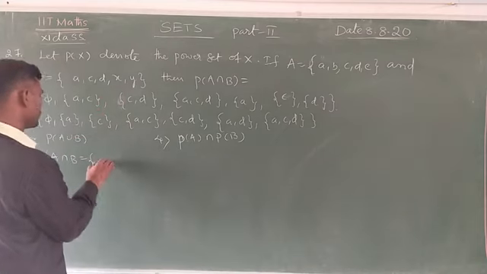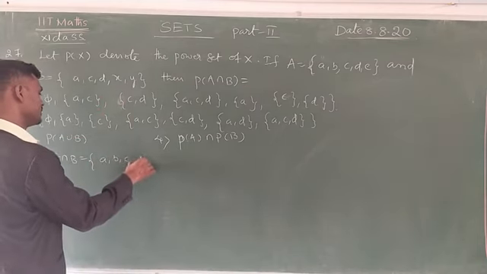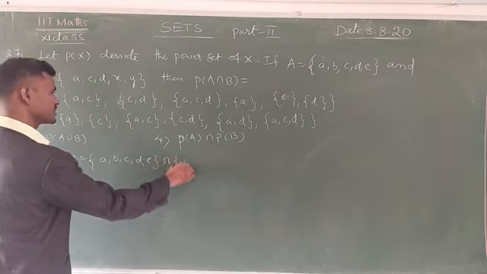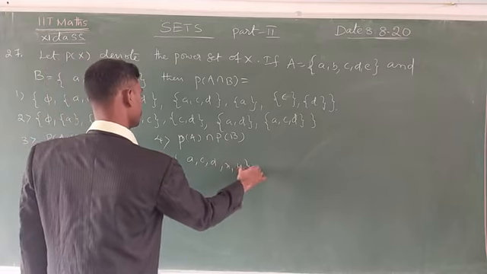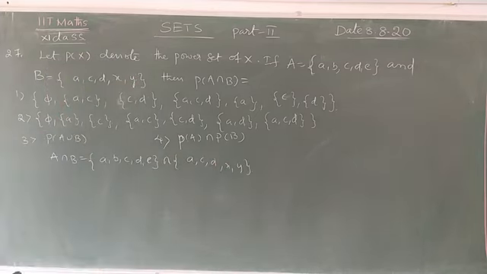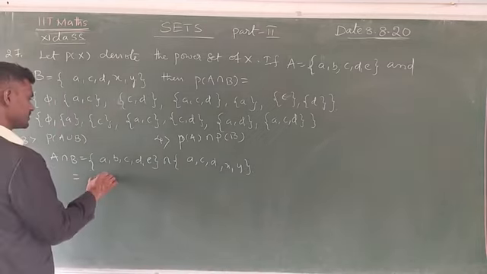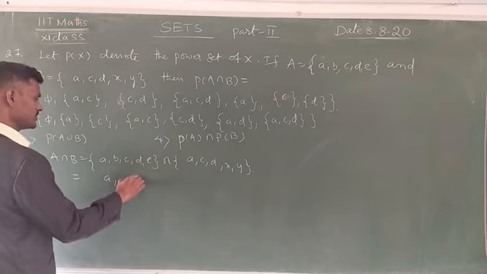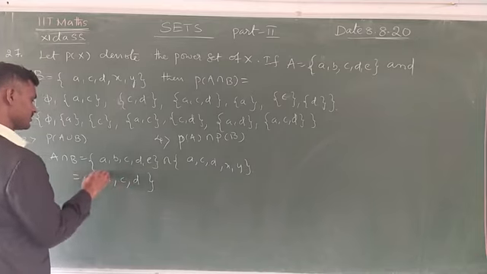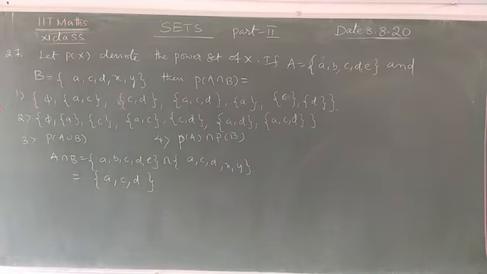Set {a, b, c, d, e} intersection {a, c, d, x, y}. Now see here intersection means here a, next one b is not there, c, next one d. Okay, a, c, d. Now this is A intersection B.